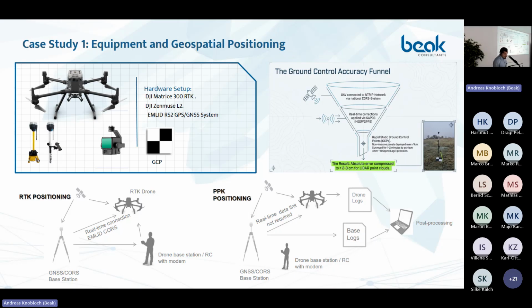RTK, real-time kinematic, where we receive GPS corrections in real time. And just in case, we also had PPK positioning, which is post-processing: we logged all the GPS data in case of any malfunction of the VRS or the NTRIP service offered by the state.